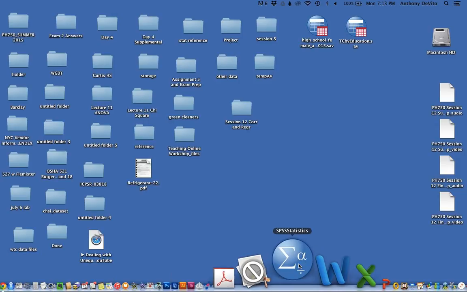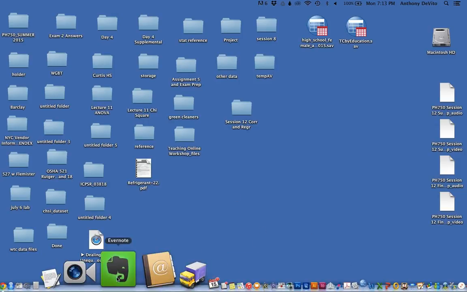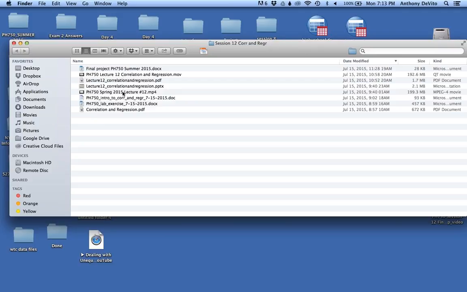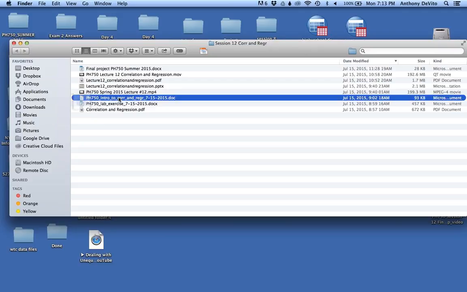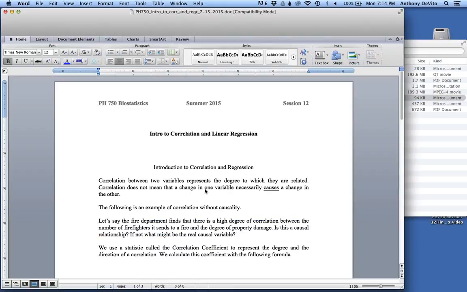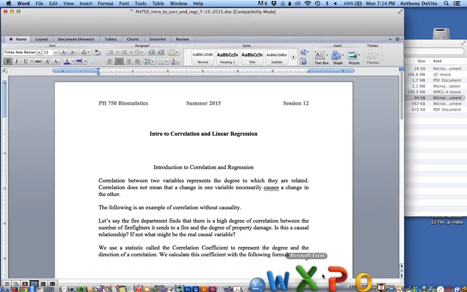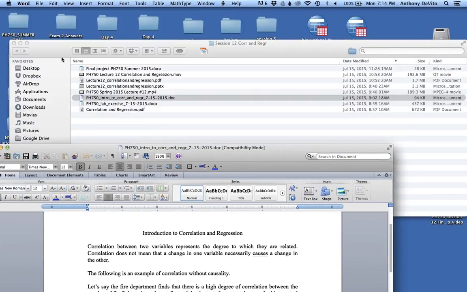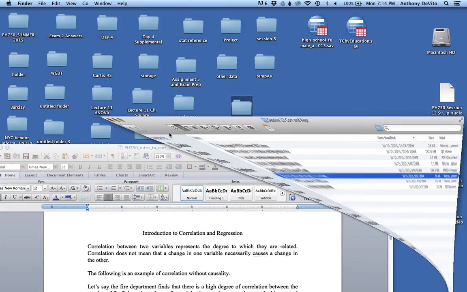And see if I can get SPSS to start up this time. And let me go back to my folder here. And I think this time it will start up.